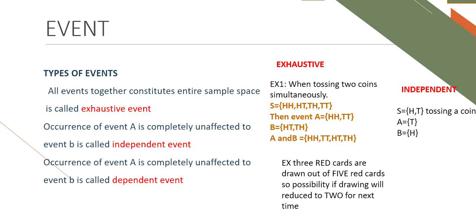Now for the dependent event. I'm giving one example: 3 red cards are drawn out of 5 red cards. I came first, drew 3 red cards out of 5 and left. Next, when another person comes to draw, the probability is reduced. I had 5 red cards, but I've already drawn 3, so the next person has the possibility of only 2.